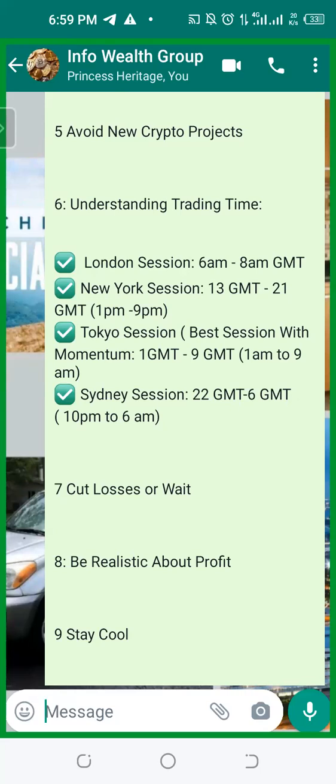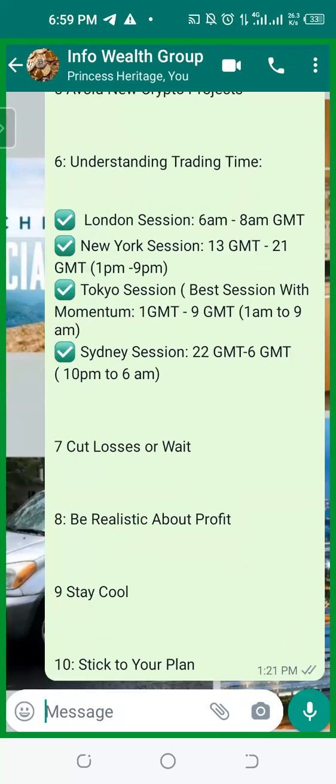And it's favorable for me because in this part of the world, we wake up around then and I can pick my trade early. That's why sometimes you see that I send trades early in the morning between 1 a.m. to 9 a.m. Another session is the Sydney session, which is between 10 p.m. to 6 a.m.